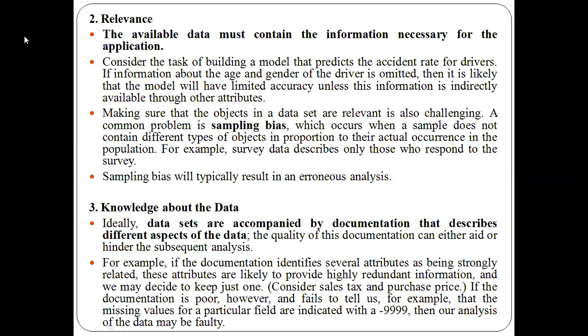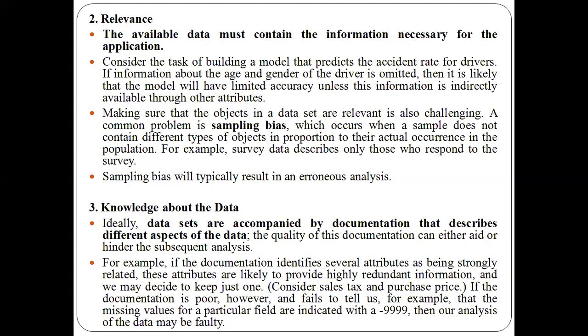Next, the third one is knowledge about the data. Knowledge about the data is just like the documentation which you get with the data. For example, if you buy a mobile phone, you will have a handbook called a guide. In that guide you will have details of how to use the mobile phone. If you buy any electronic item, you will get a handbook with details of how to use that device.